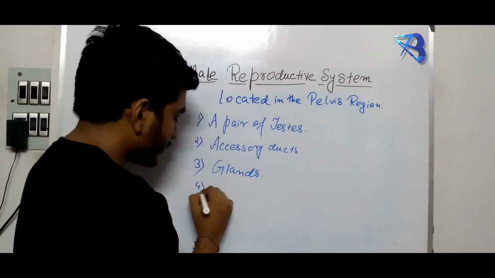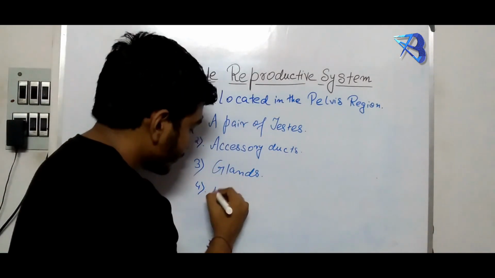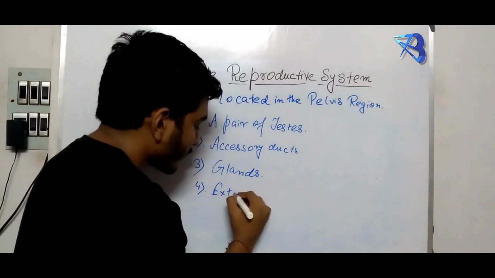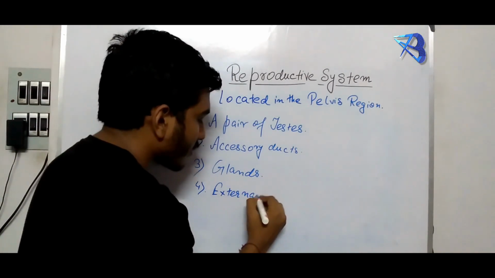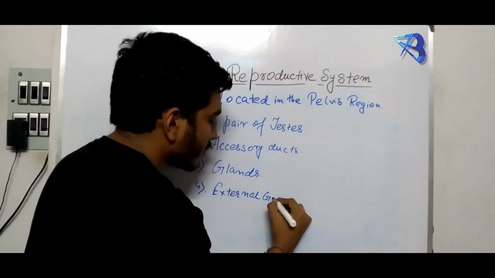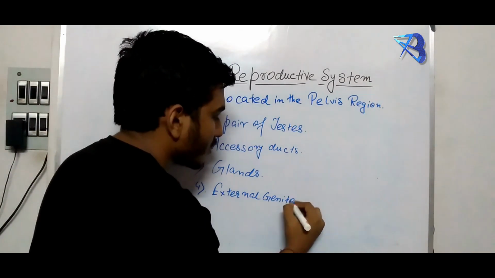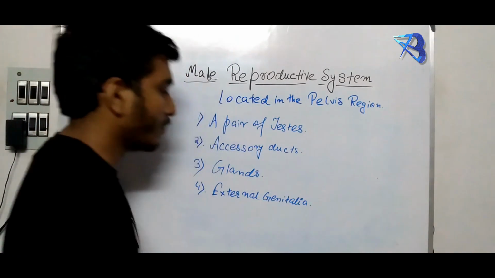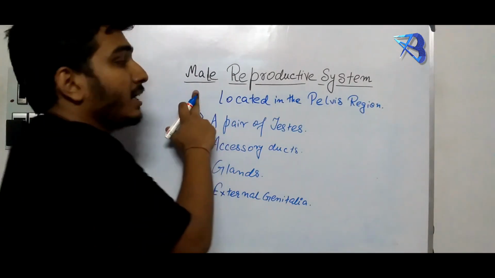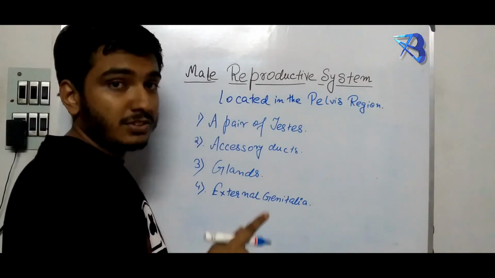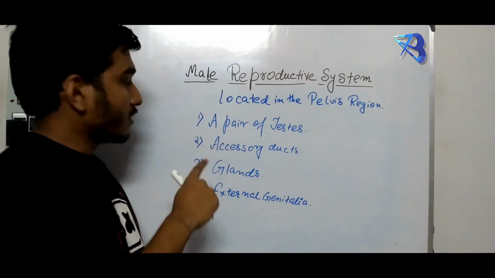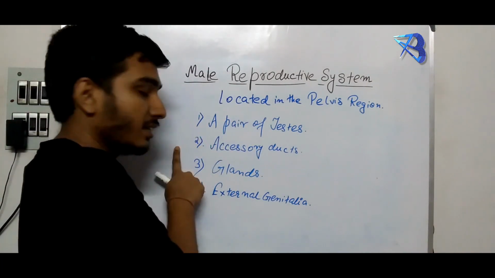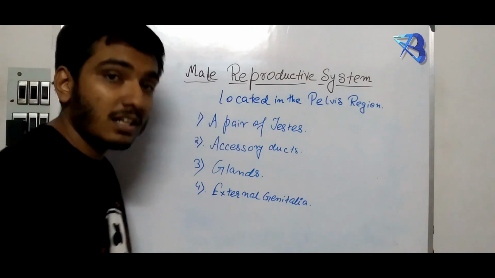And the fourth part is the external genitalia. So the male reproductive system is located in the pelvis region and it consists of 4 parts: pair of testes, accessory ducts, glands, and the external genitalia.